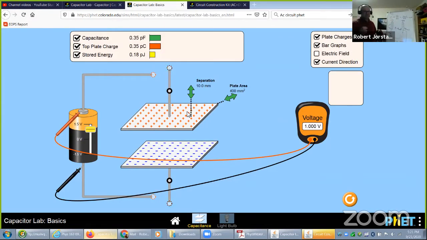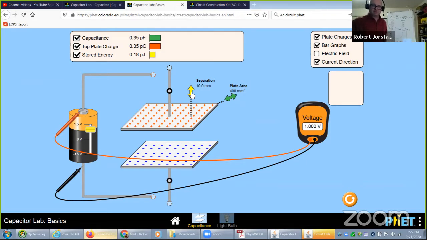If it's disconnected and I change the geometry, the capacitance should change. However, there's no circuit. There's no way for the charges to flow. Think to yourself, if I change the separation, what should change with the amount of charge? And what about the energy?